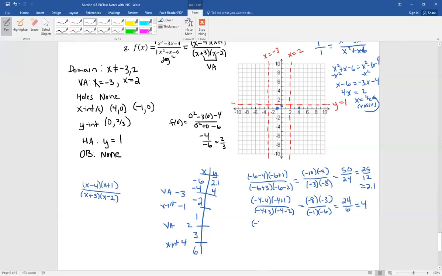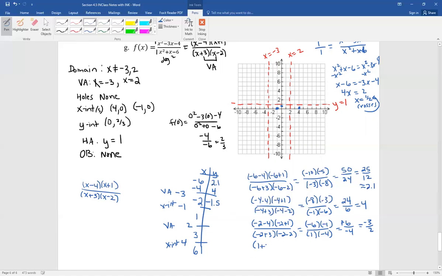Plugging in -2, so -2 minus 4, -2 plus 1, -2 plus 3, -2 minus 2. This is going to be -6 times -1 over positive 1 times -4. So that comes out to, sorry, positive 6 over -4, which is -3/2, which we know is -1.5 if you want to put it in decimal form.